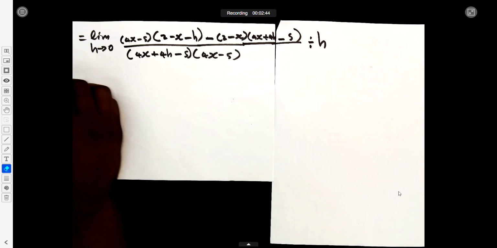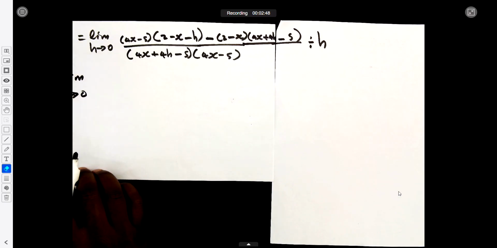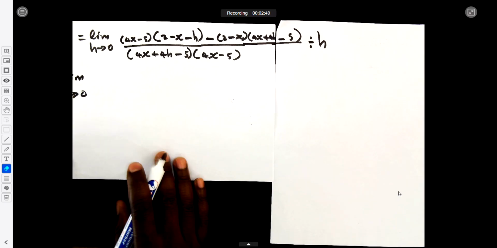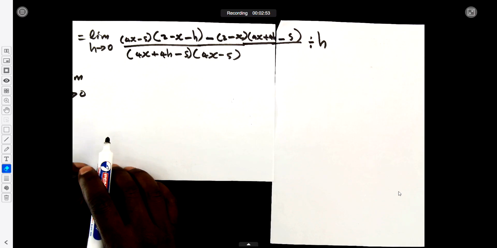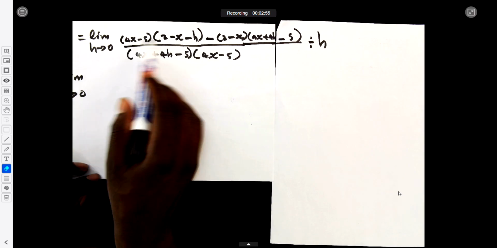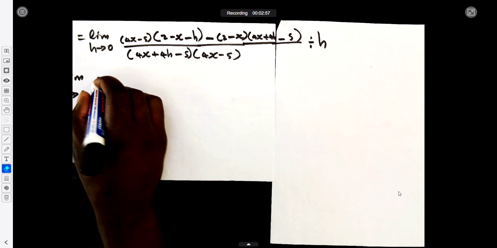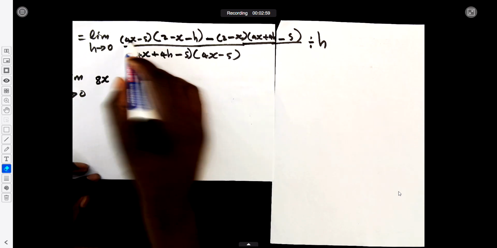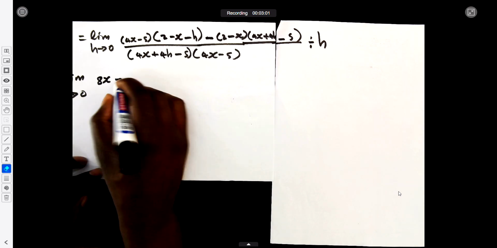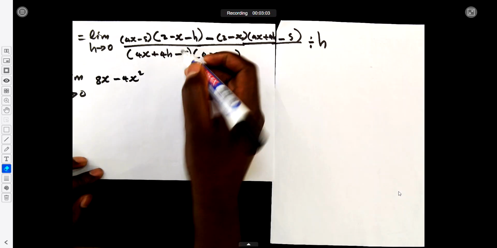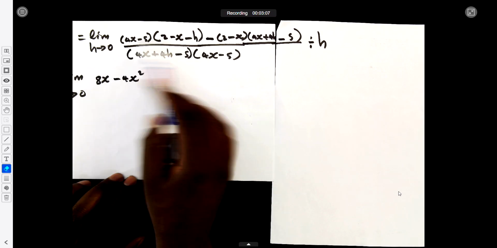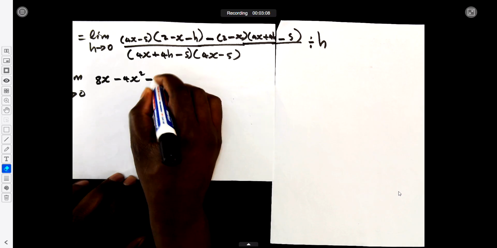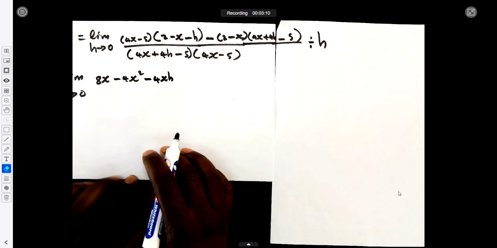We'll have a lot of terms, but there are other ways to take a shortcut. I think if you work it out by multiplying the numerator, you'll manage to eliminate the terms. So 4x multiplies 2, it will be 8x, 4x times negative x is negative 4x squared, and 4x times negative h is negative 4xh.